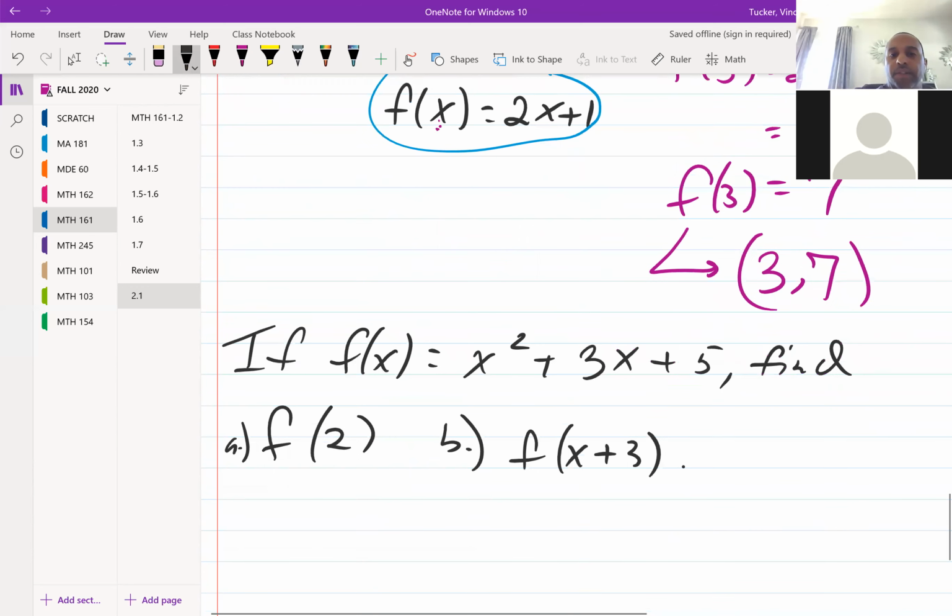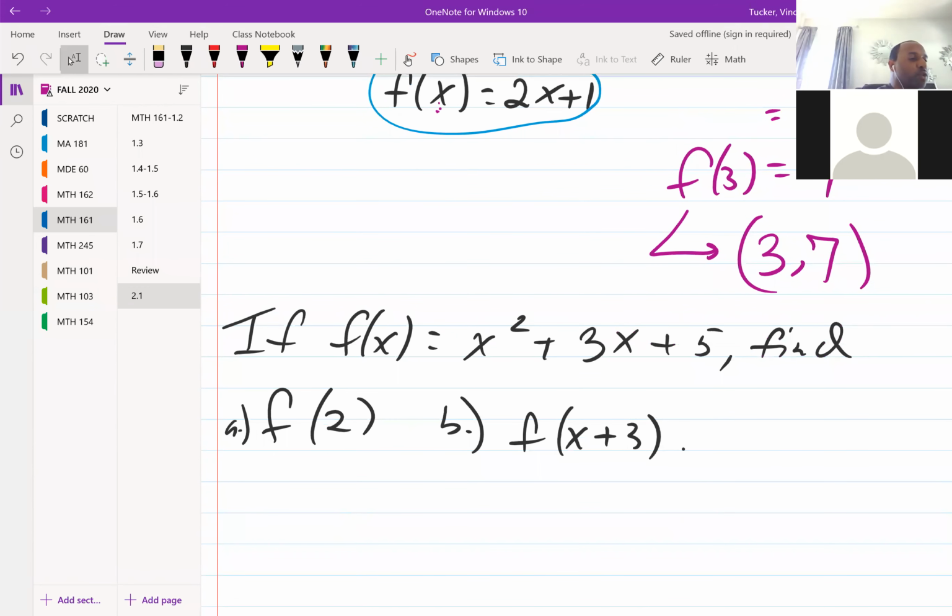All right, so here, and they have to define what your function is, of course, before you can know what to plug into what. It says if f of x is equal to x squared plus 3x plus 5, find or evaluate f of 2, and then f of x plus 3.